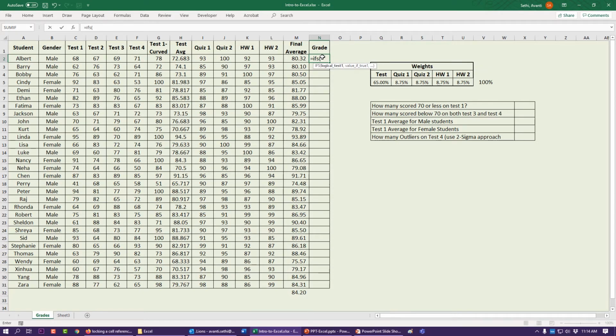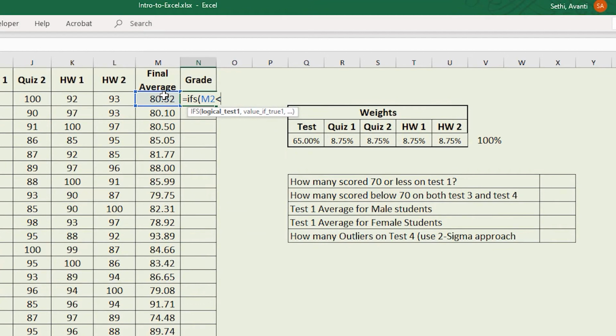Now what I'm simply going to do is, you'll love this function. If this one is less than 70, you get a D.